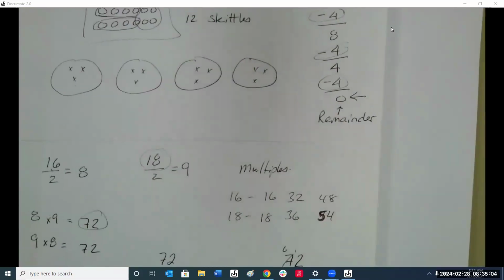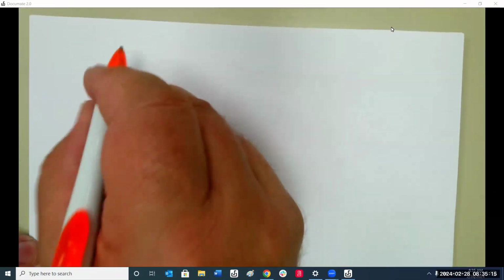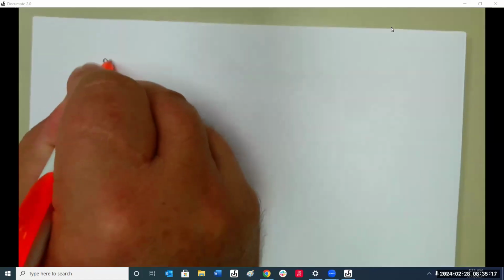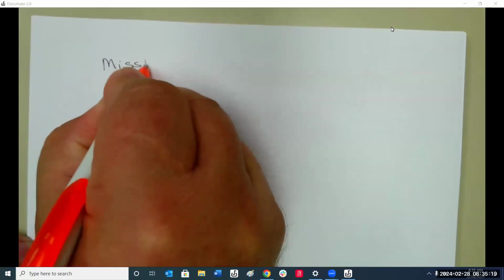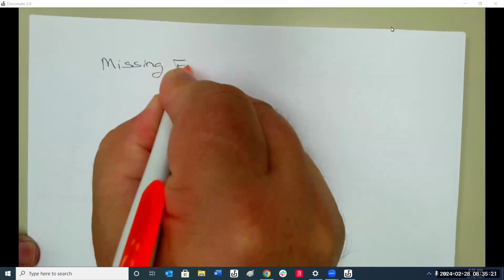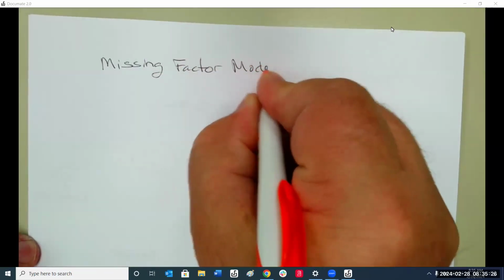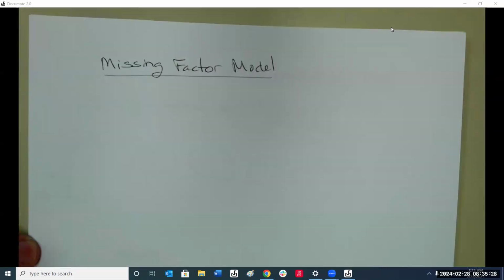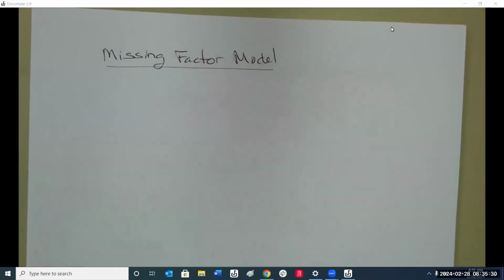All right, and the third one is missing factor. It's what we've been doing already. What do we mean by missing factor?